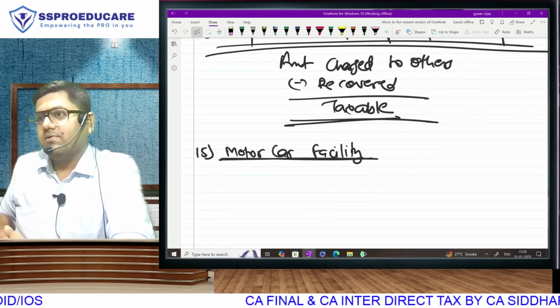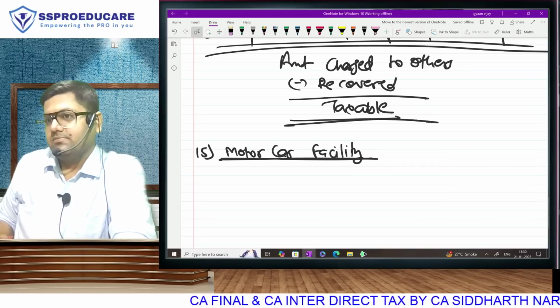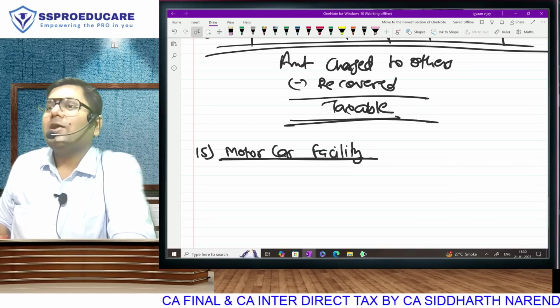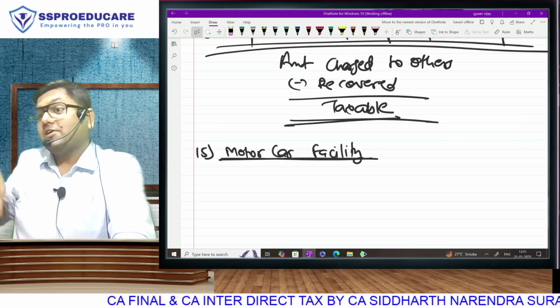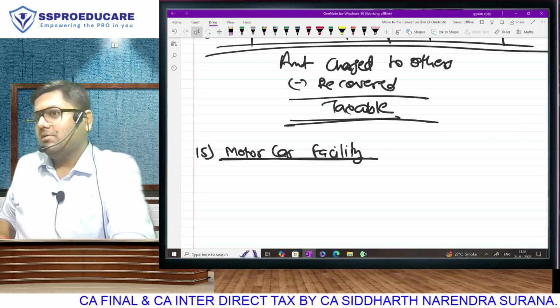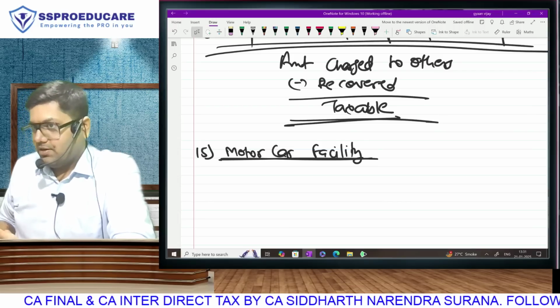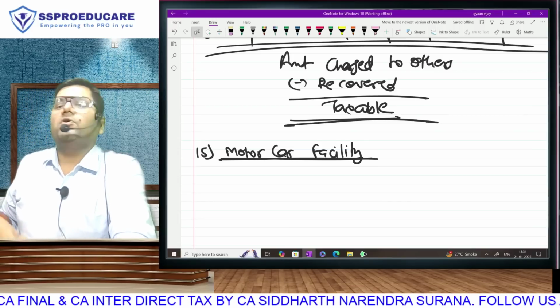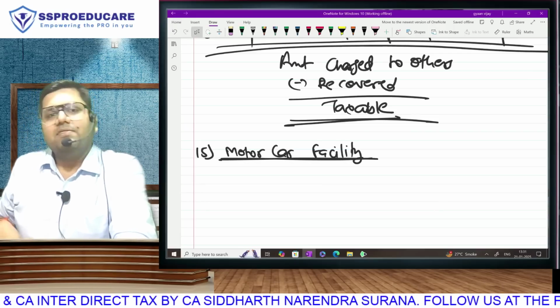That ticket, whichever class you are traveling, that class ka ticket. Ultimately, you are not paying something for traveling in a particular category, but other people would have paid something. And if you are paying lower, then the difference. Understood?